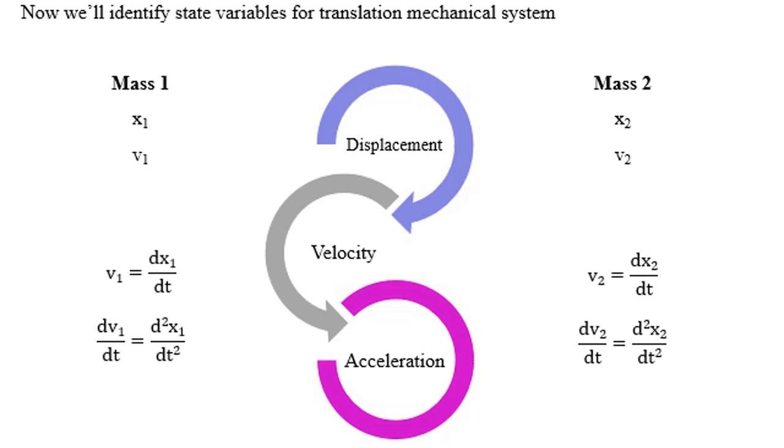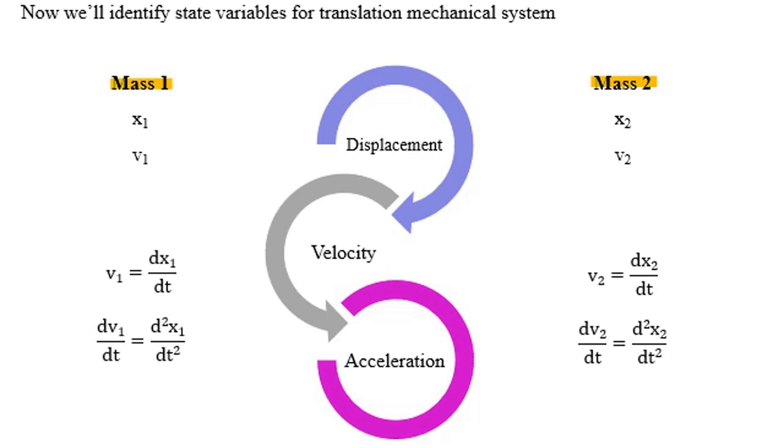As the system consists of two masses, M1 and M2, both masses are moving in the given direction of motion. M1 is moving in the direction of x1, whereas M2 is moving in the direction of x2.